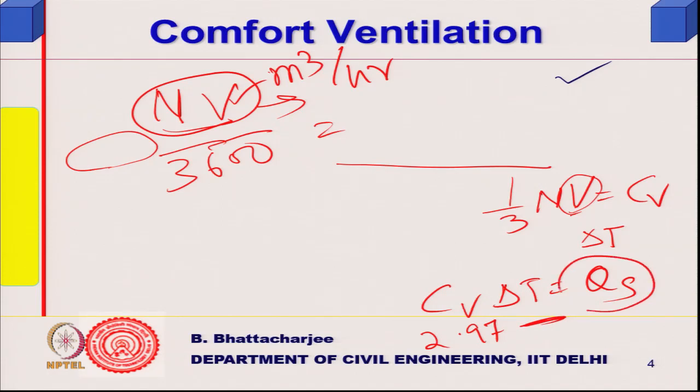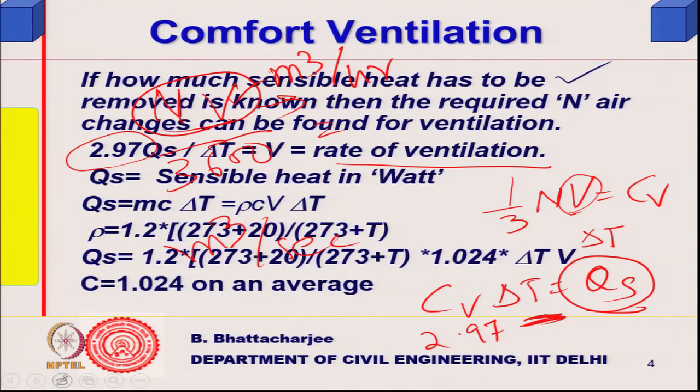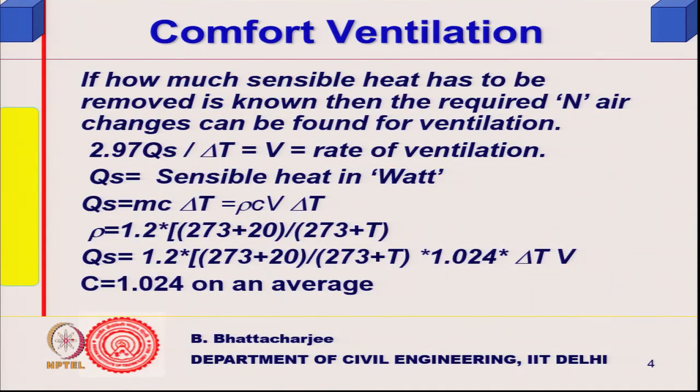So, if the sensible heat I want to remove is known, per degree, or if I know the temperature difference, then I can calculate how much QS, or meter cube per second flow rate, it should be based on this. If I know QS, the amount of heat I have to remove, QS is equal to V delta T divided by 1/3.